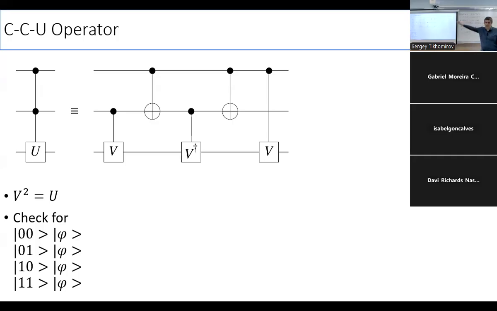And the last controlled V, controlled by this, would go to 1, 0, V minus 1 phi, and this goes out. So this is the same as controlled U. Now the last thing we need to check is the case when both of them are 1, 1.